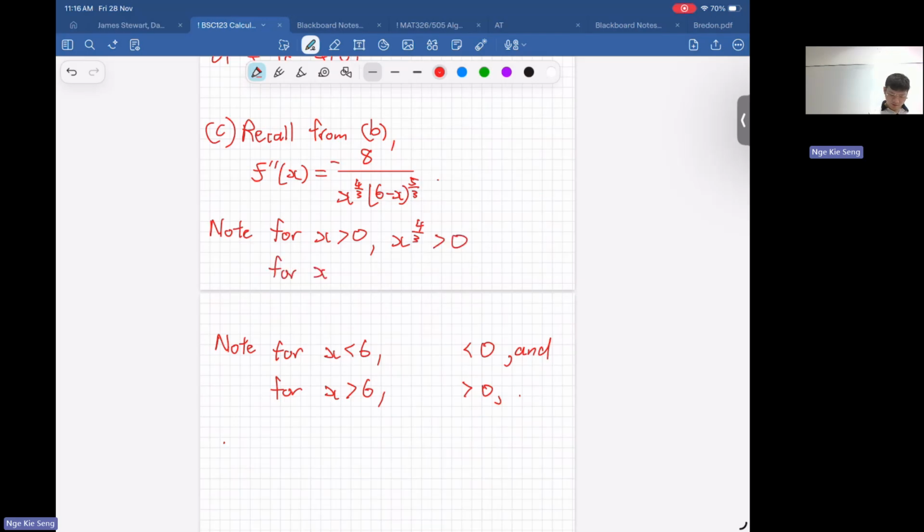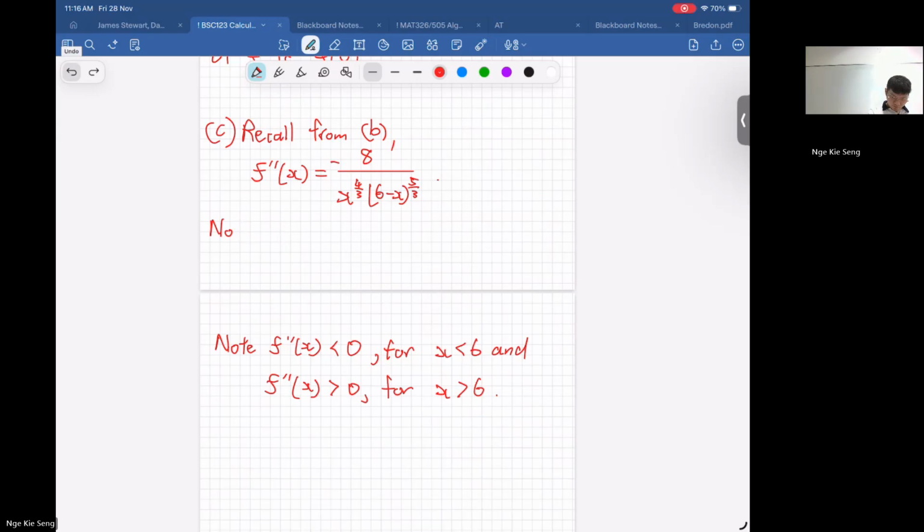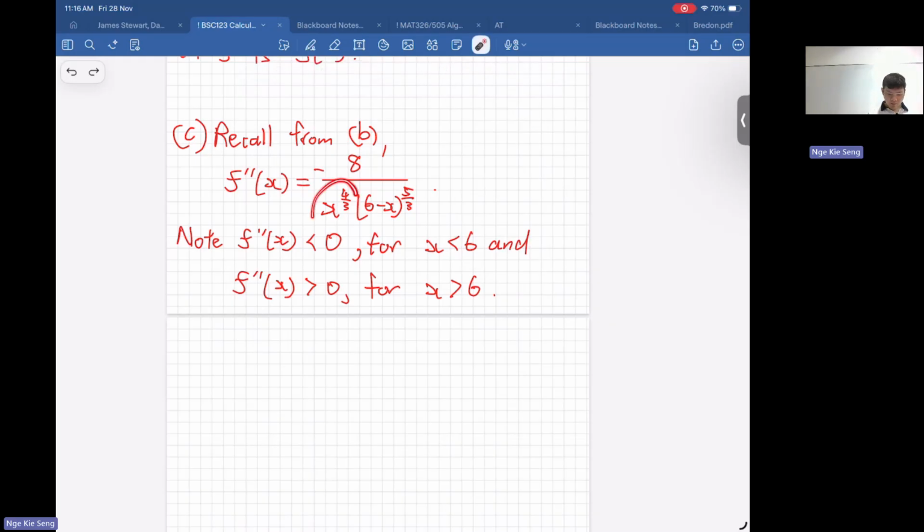And for x less than 0, it's still positive, we don't really care, because this is x to the power 4, it's always positive. We can achieve 0. So 0 is the inflection point. That's why I use the interval.